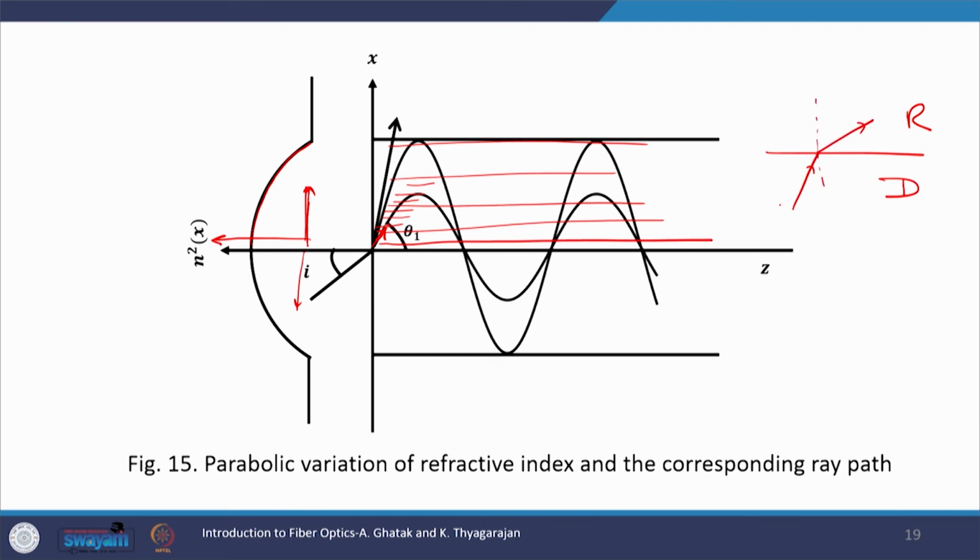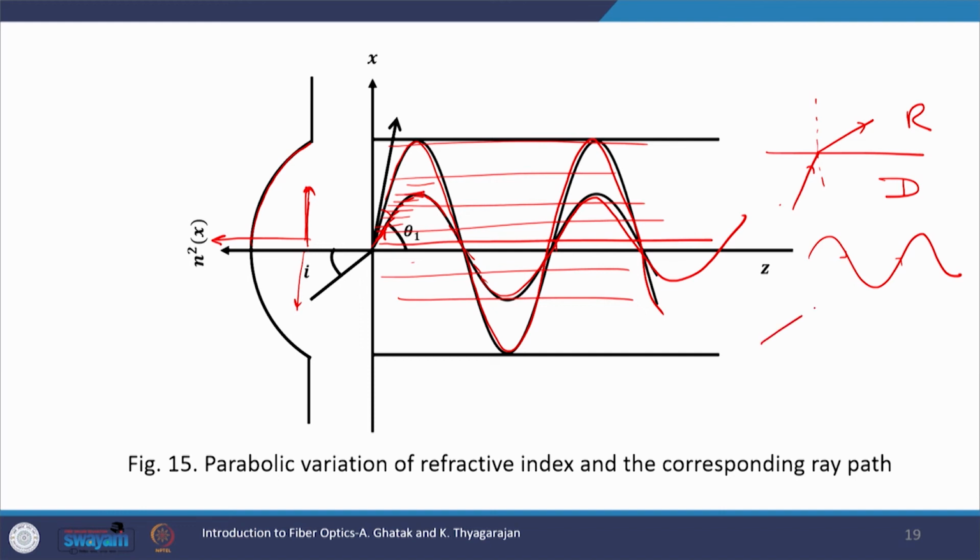Okay, and therefore, slowly it will move away from the normal, and then here it will turn back and comes down, and same thing happens here too in the other side, and this is why it will propagate like this, and the ray path depending upon its angle with the axis, it would be sinusoidal as shown here in this figure. Okay, the ray would move like this.